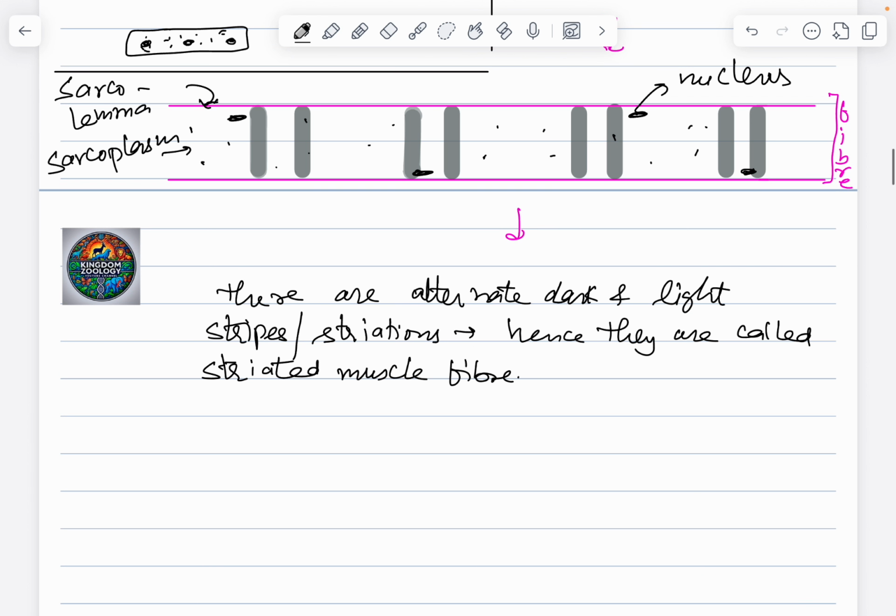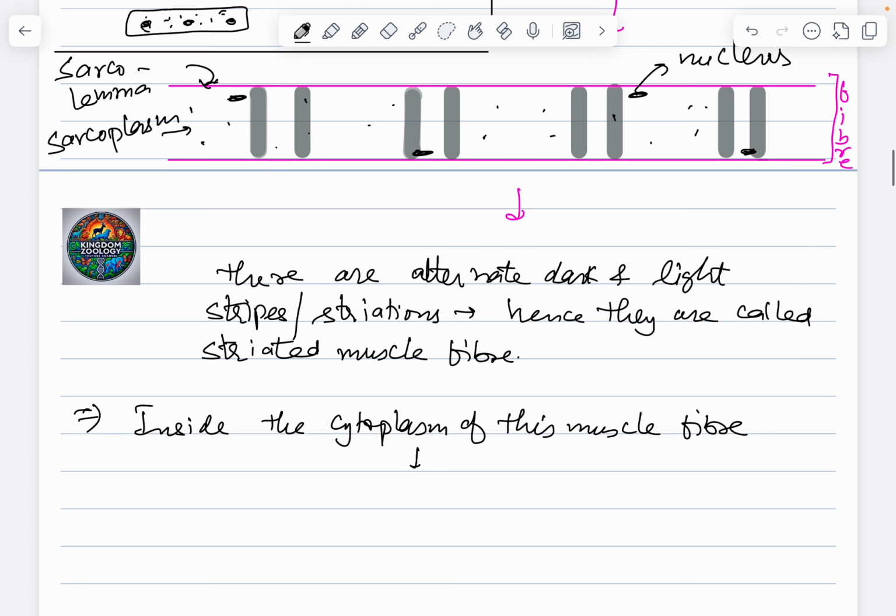So let's move on to the reason why there are these alternate dark and light stripes. Inside the cytoplasm of this muscle fiber, what do we have? Elongated protein rods, or proteins arranged in a rod-like fashion.